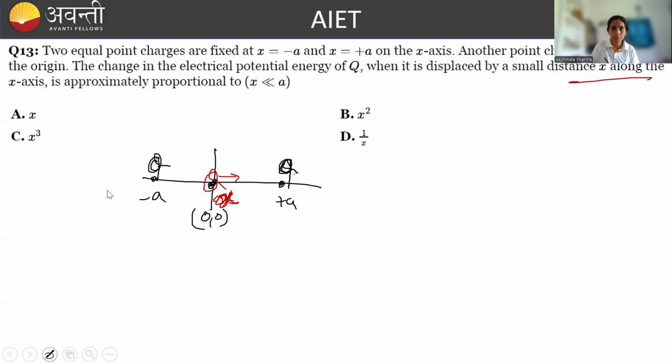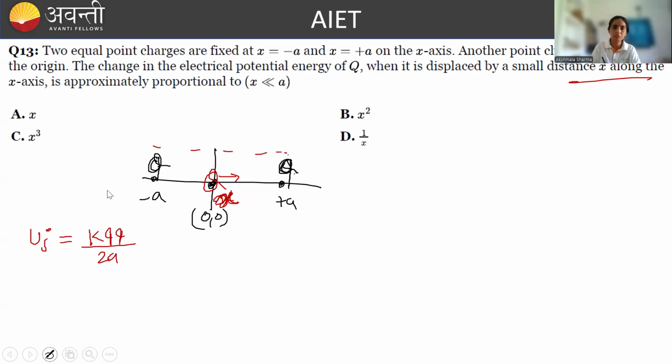So if you talk about initial potential energy of the system, initially there are three charges. These two equal charges are at plus a and minus a, and capital Q charge is at origin. So initial potential energy is KQQ by 2a because separation between these two charges is 2a.